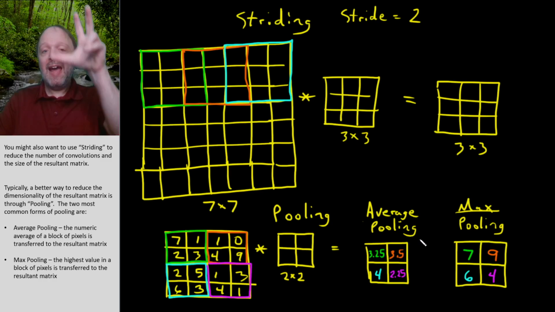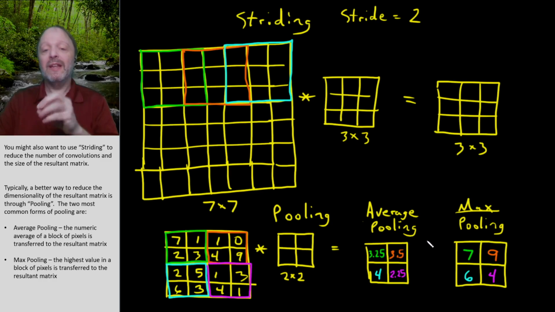Average pooling averages all those values. So what an average pooling winds up doing is it blends all of the intensities together into kind of a blurred mess. The average pooling doesn't preserve the features as well as the max pooling usually.